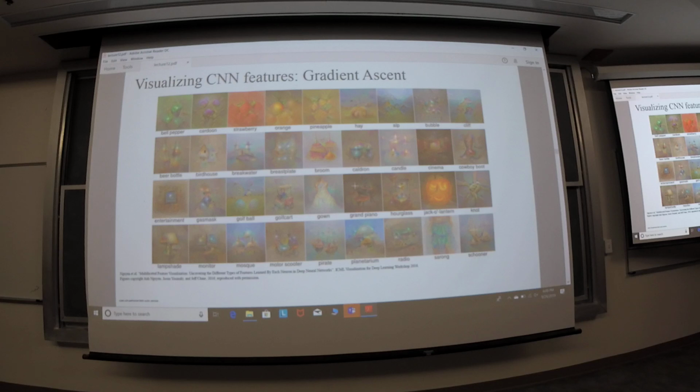Okay. These are the examples for this method, which is the multi-facet feature visualization. This is an improvement over the previous method in the sense that the images which are generated seem to be more coherent, at least globally. You won't find multiple lampshades spread here and there around the images.